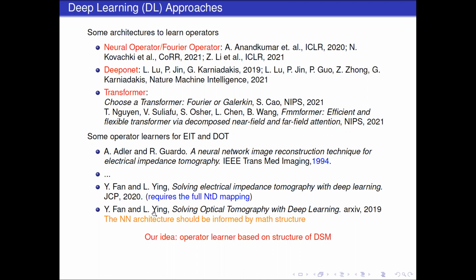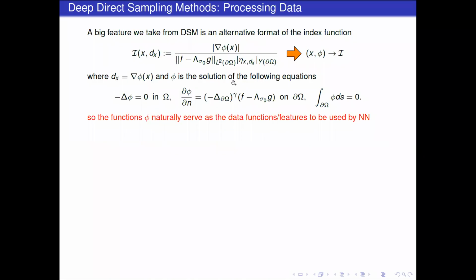They assume the entire NtD mapping is known, so they can build the neural network from the matrix approximation of the NtD mapping to the reconstructed images. In our case, we only know limited Cauchy data pairs. So our idea is to use the mathematical structure of the DSM to design the neural network. Let me show how we do this.